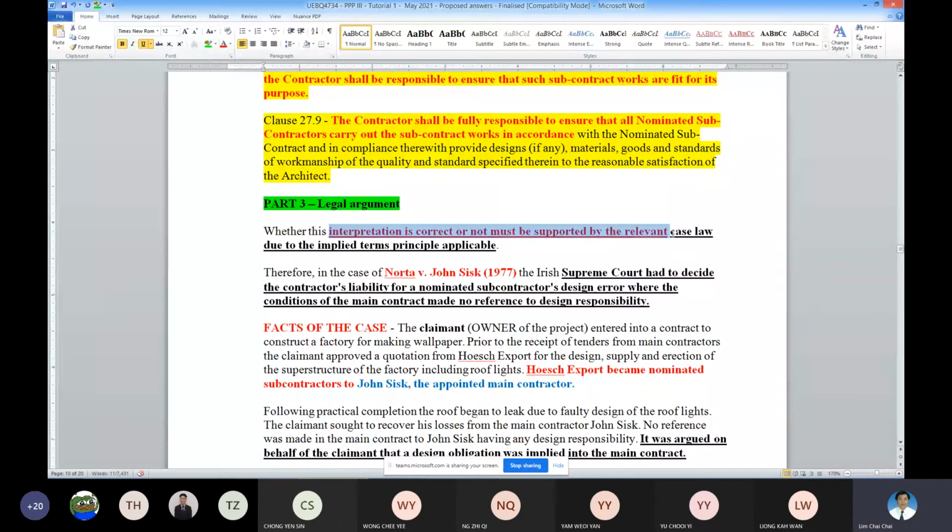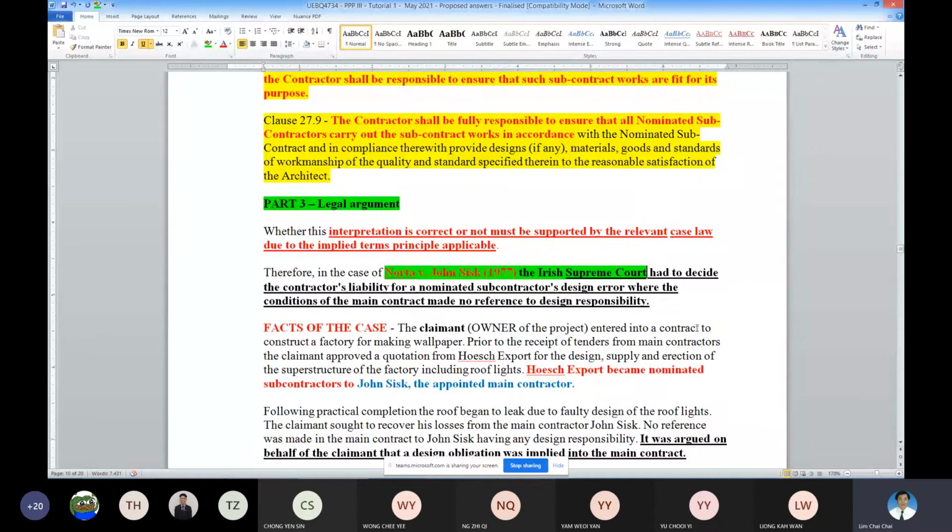Okay, so the above argument is the layman's argument. In order to find out whether the layman's argument is correct or not, then you look at this case. So in this case, we have one under the Irish Supreme Court. Okay, there is an Irish Supreme Court decision on this matter. It's a case between Nota versus John Sick in 1977.